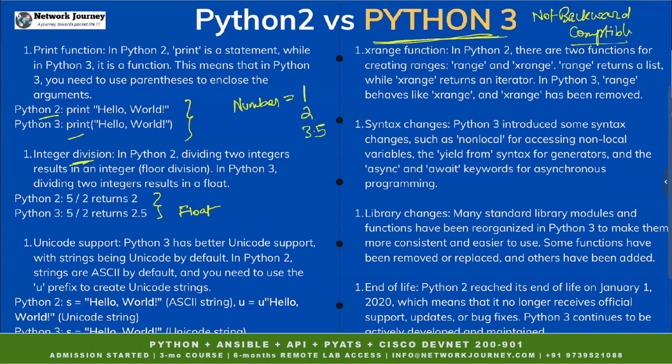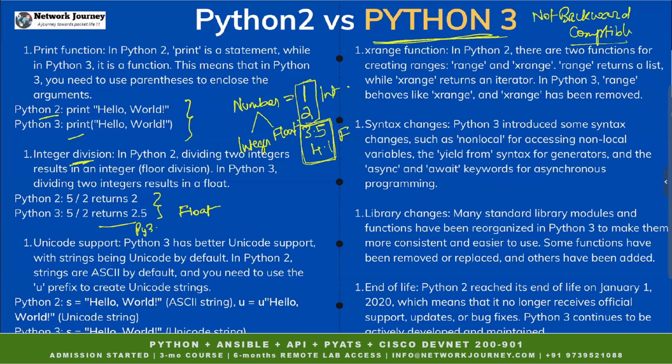It could be anything, right? But in Python, we usually call them integer and float. So integers are this and floats are this. The concept of float got introduced in Python 3.